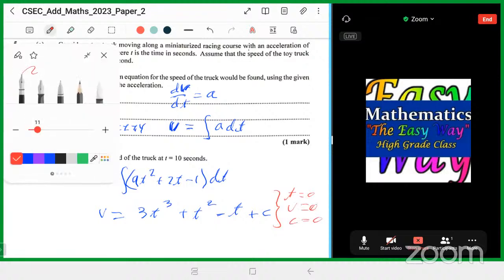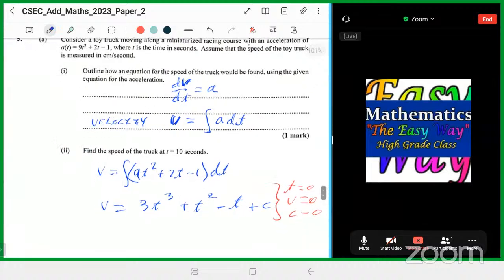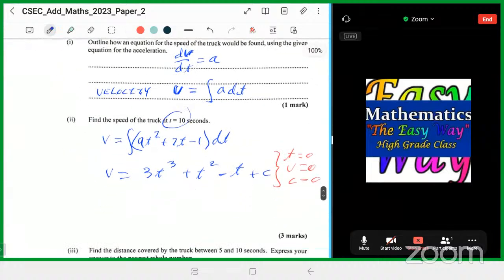Based on what is happening here, I want the velocity when t equals 10. So I'm going to apply c equals 0, and when t equals 10, the velocity becomes 3 times 10 cubed plus 10 squared minus 10.